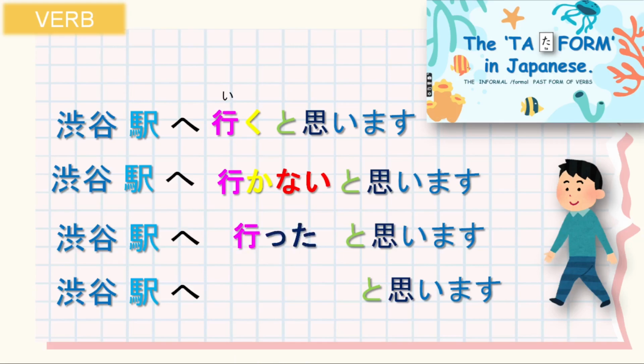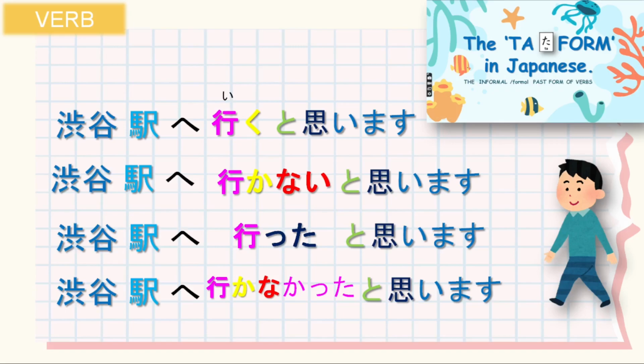Next we have itta. And you have already seen how this itta came into existence, right? It's the ta form. So if you don't know the ta form, please make sure that you check out this video or any video that makes you understand the ta form, the past form of verbs. Next, in the past negative tense, it becomes ikanakatta.